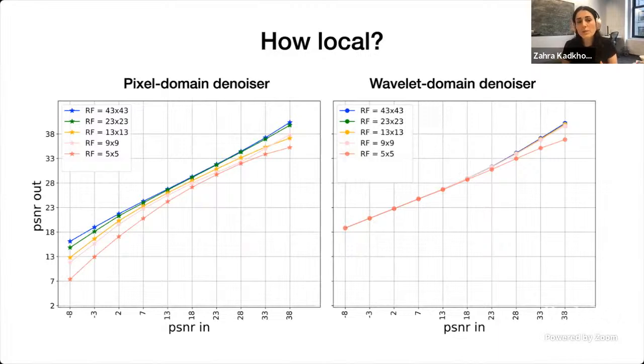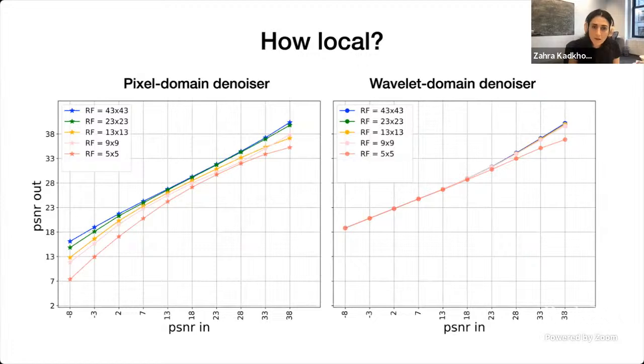Most importantly, we want to see how small we can make the receptive field size in the wavelet domain in order to still have good performance, but have smaller networks. So this plot on the right shows that the performance is pretty much the same, even when we go down to 9 by 9 pixels.